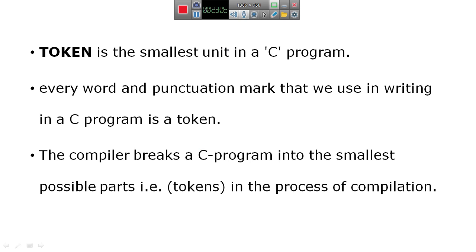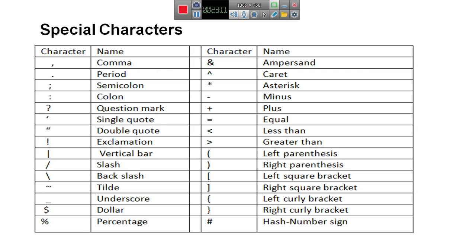These are the special characters generally we use to write a C program.